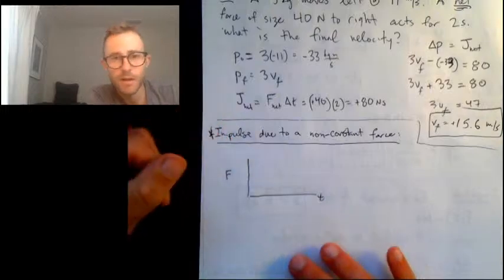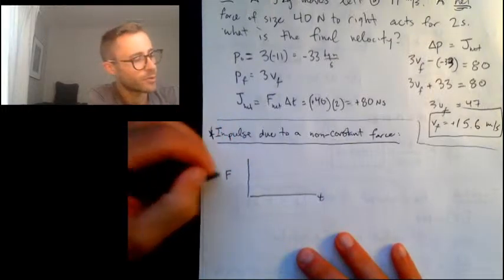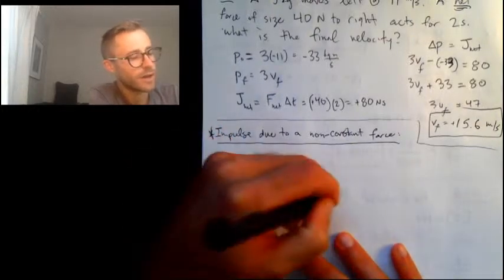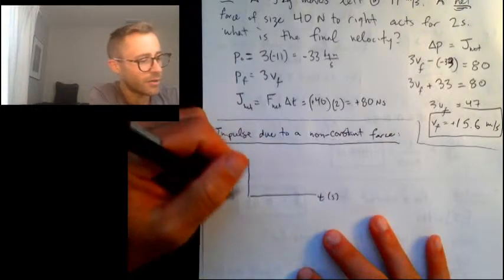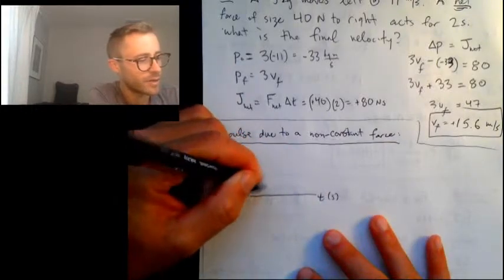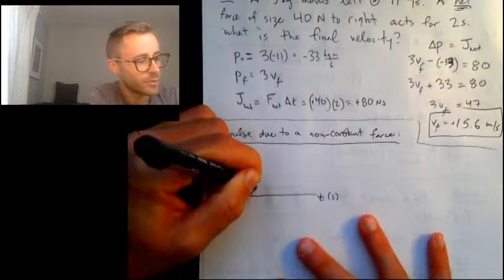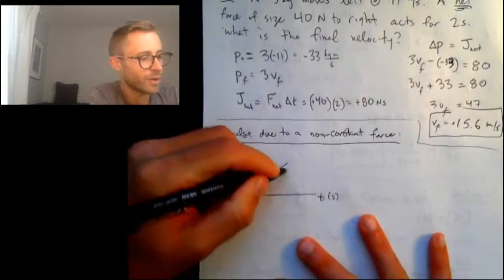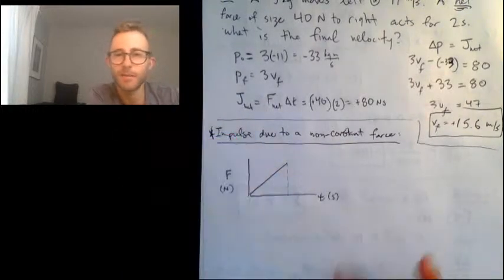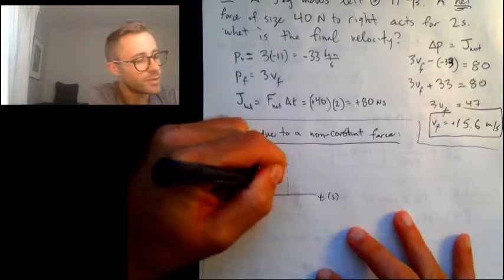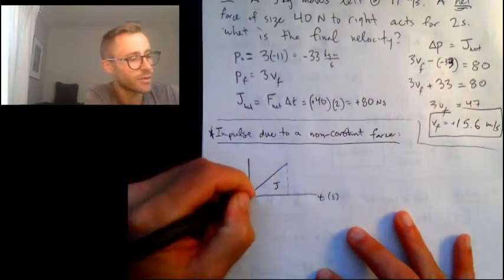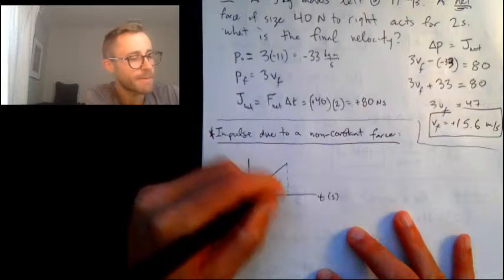So we have force in newtons and time in seconds, and maybe that graph looks something like this. Maybe the force builds up and then it drops to 0. In this case, the impulse is the area under the curve.